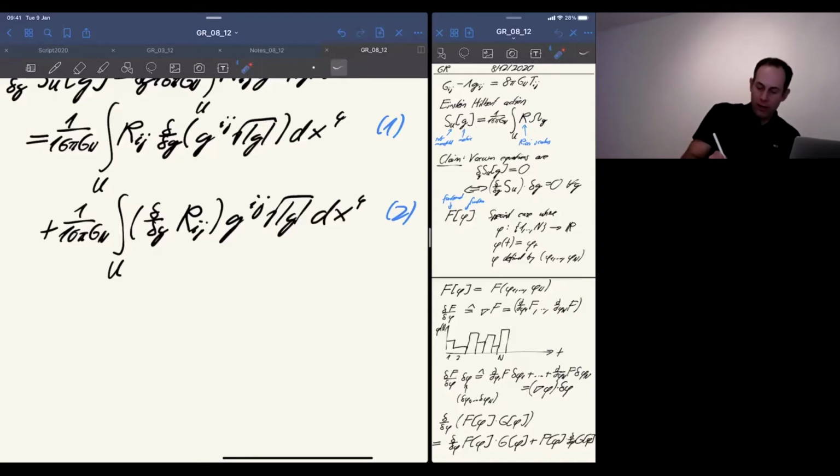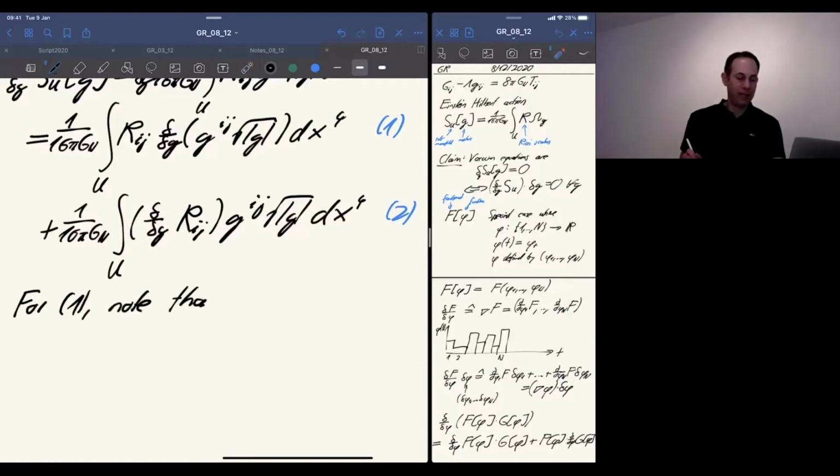So to evaluate 1, we first need to establish something, which I just make as a remark, namely that the determinant of G, which is what this whole thing here means.